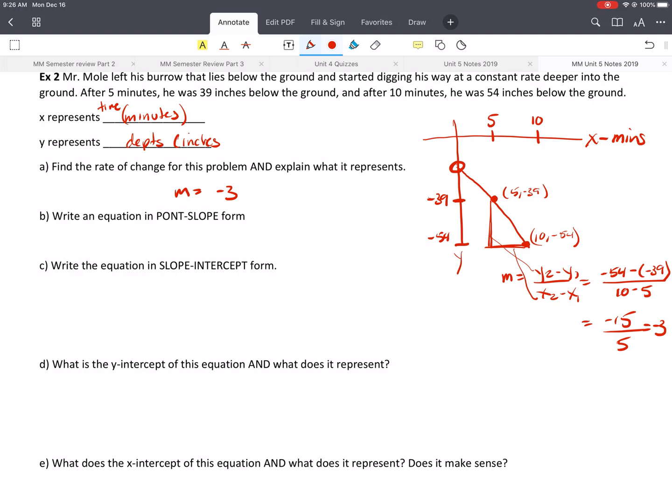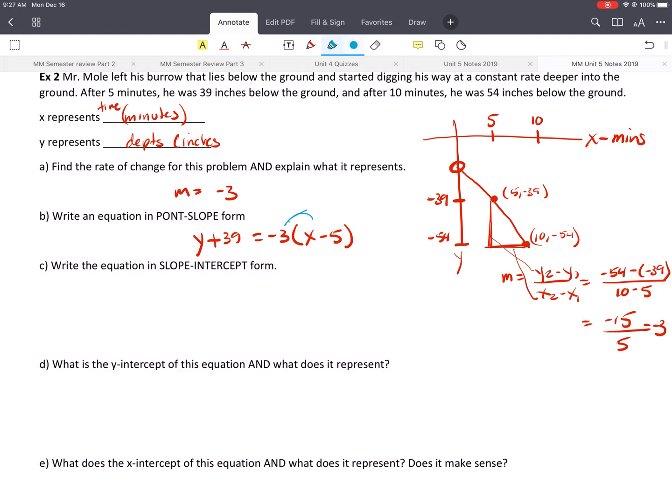Okay? Write an equation in point slope. Well, we have 2 points. You could choose whichever one you wanted. Let's do the first point. So we'd do y minus a negative 39 gives you a positive. Negative, negative gives you positive. We have our slope, and then we'd do x minus 5. Write it in slope-intercept form.